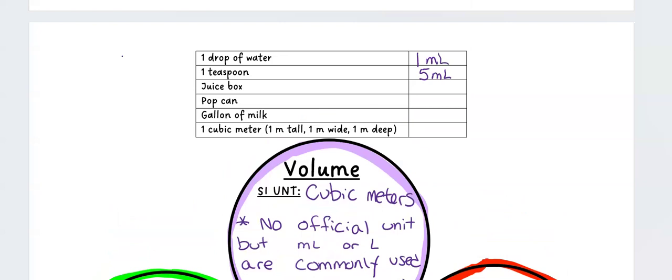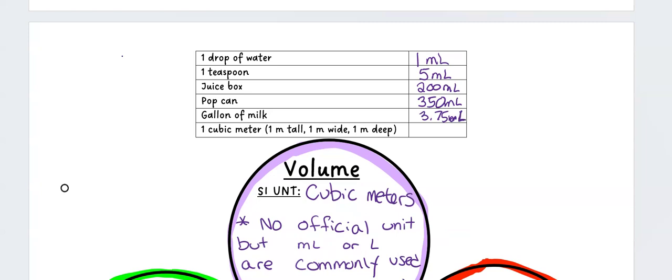If you're drinking a juice box, that's probably 200 milliliters. A pop can or a soda can is going to be about 350 milliliters. A gallon of milk is about 3.75 liters. So 1 gallon is almost 4 liters, not quite.